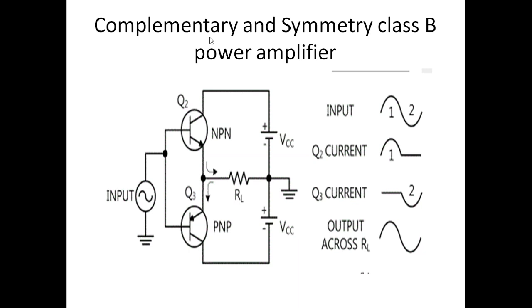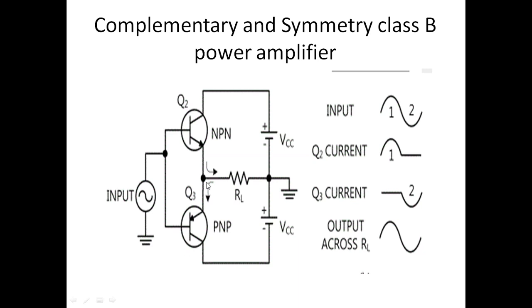Let us discuss the operation of this complementary and symmetry class B power amplifier. Here, the input is applied to this structure. So, how is this connected? This transistor is an NPN transistor and the other transistor is a PNP transistor.